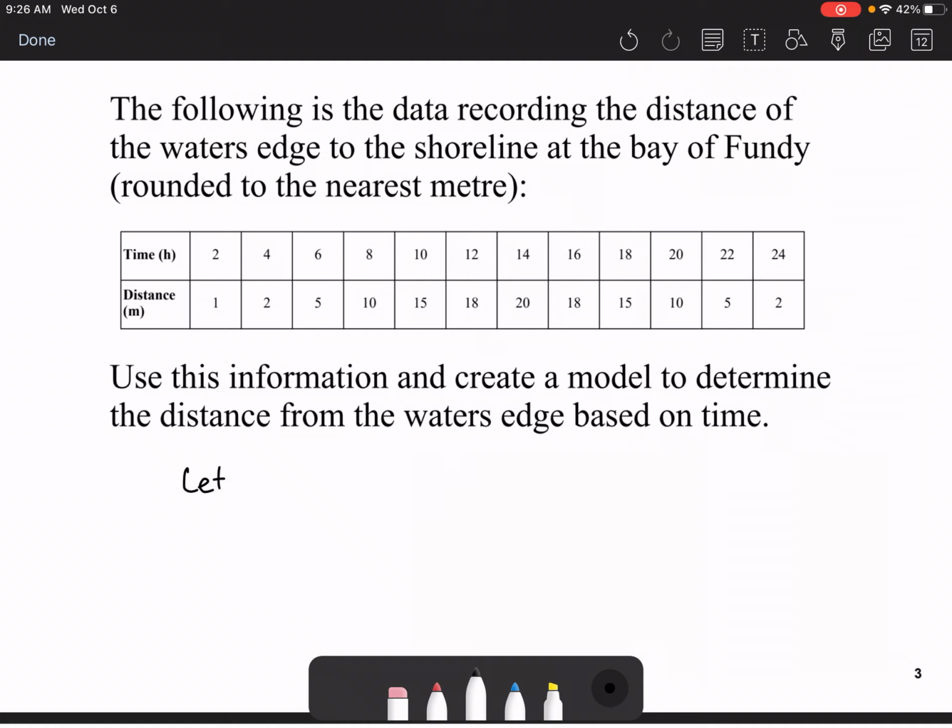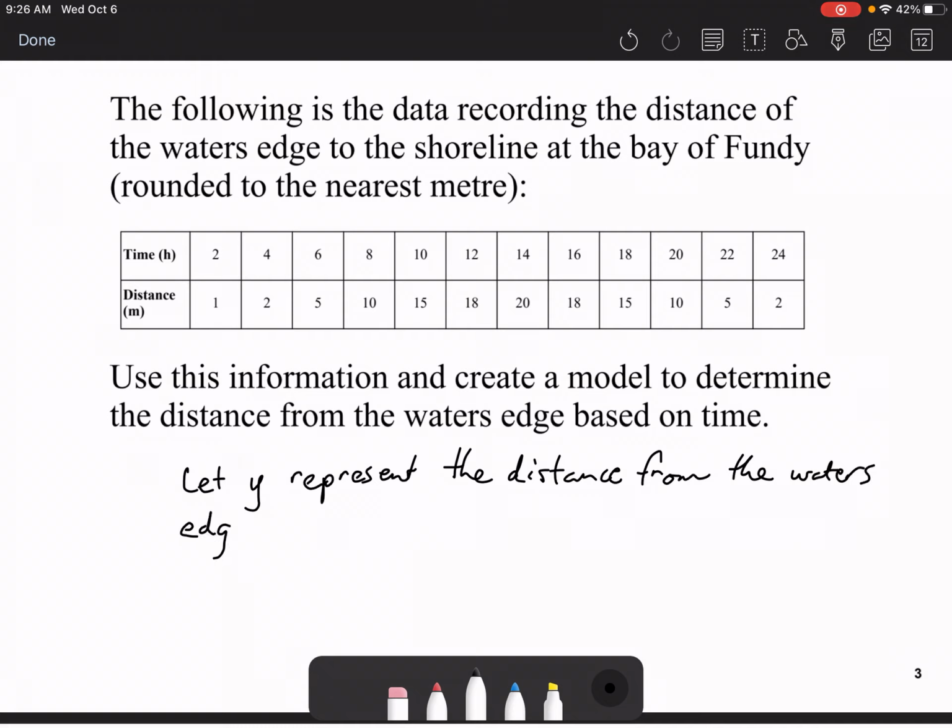Let y represent the distance from the water's edge, in meters, and we're going to let x represent the time in hours.